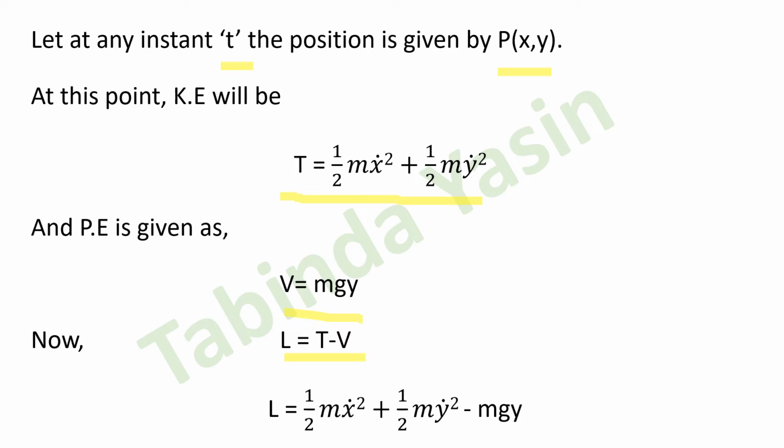So putting the value of T and V in that equation, L is equal to 1 by 2 m x dot square plus 1 by 2 m y dot square minus mgy.